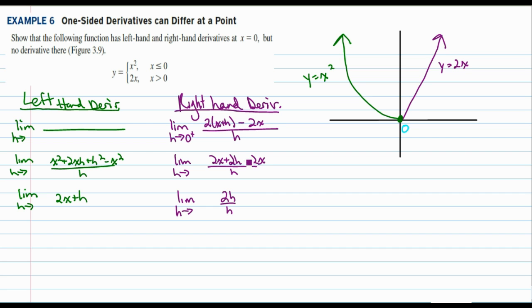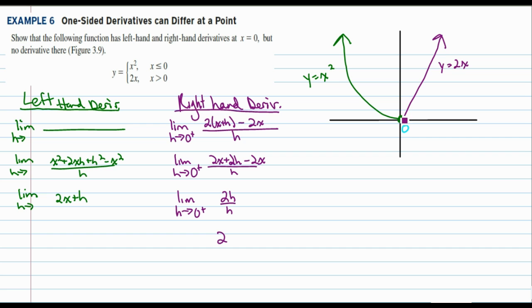And then I can distribute the 2 and simplify and take the limit. I'm going to cancel out the two h's, and I get 2. So the slope coming in from the right towards 0 is 2, which you already knew because it's a line of slope 2.